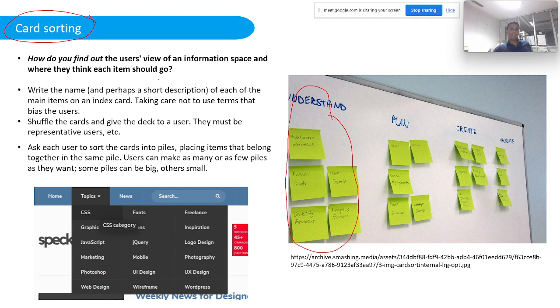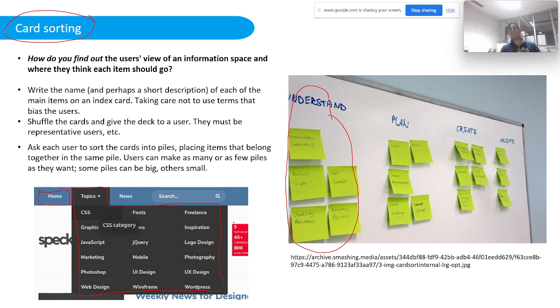We always try to understand how the users consider information in a particular information architecture. You might have seen in websites that there are different ways how information is categorized or distributed under various tabs. This is basically the overall information architecture.